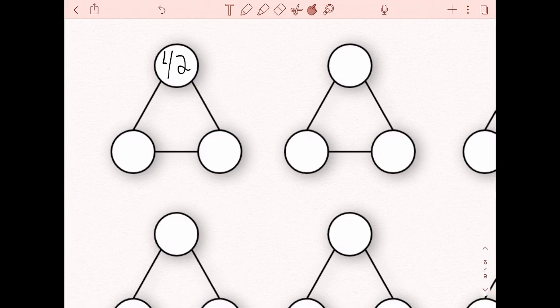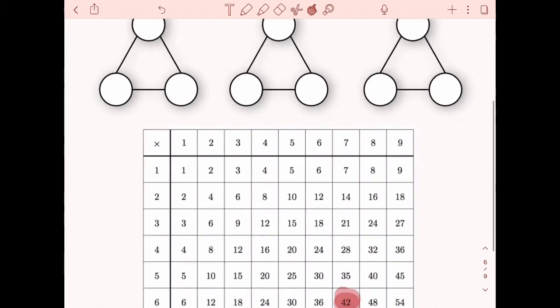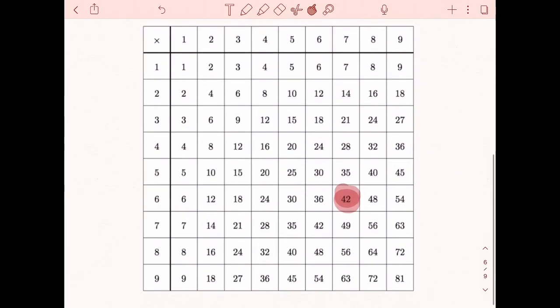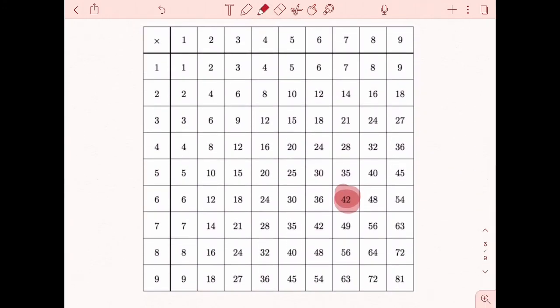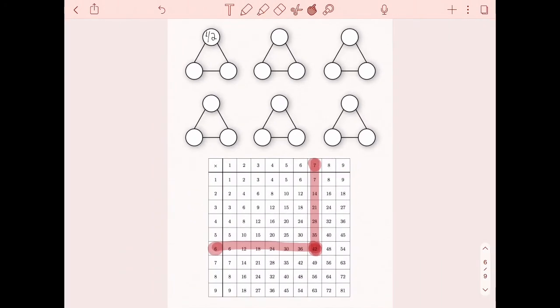And you're finding the factors of that number. 7 times 6 equals 42. Those are both factors of 42.